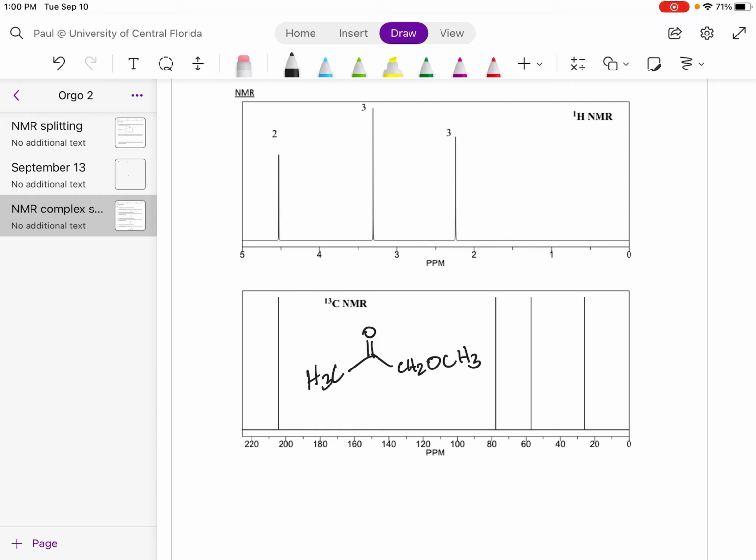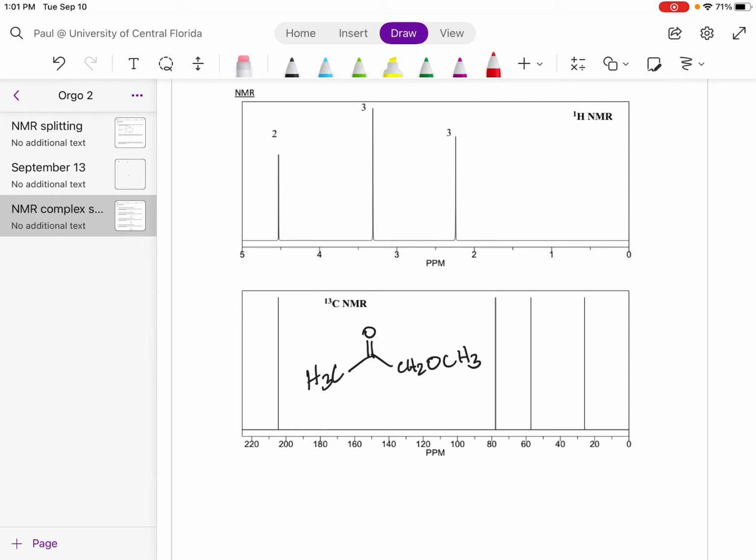Now, the mistake that I made was describing the chemical shifts. Okay, so let's label. The labeling may be different than what we went over in class today, but that doesn't matter. Let's just correct the mistake.